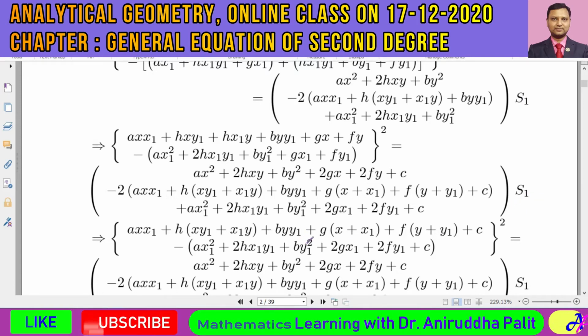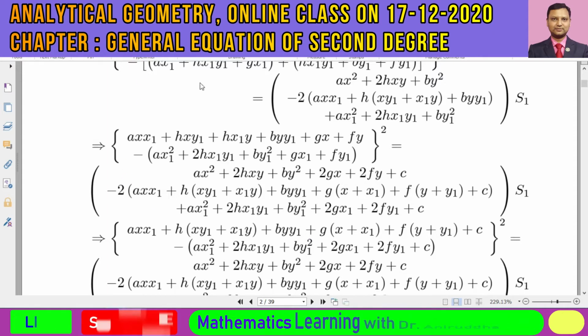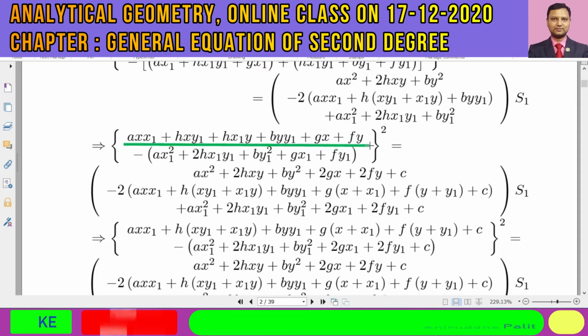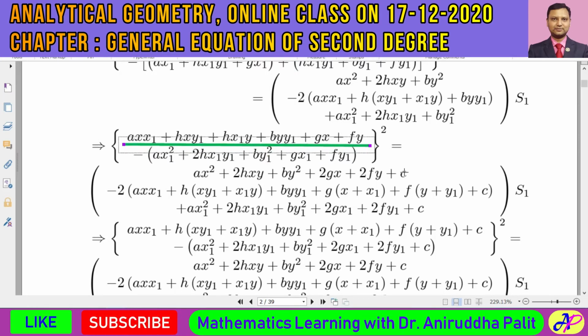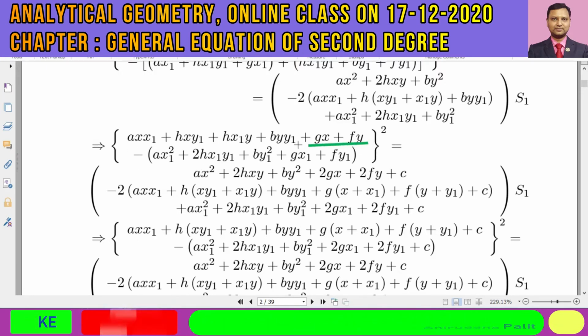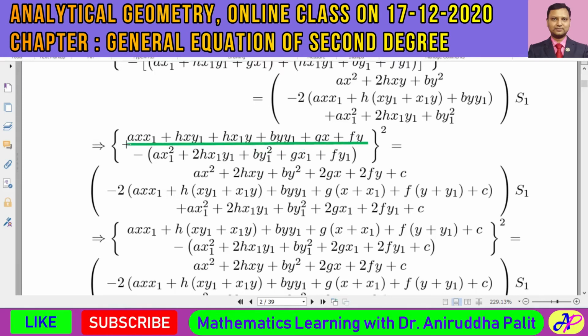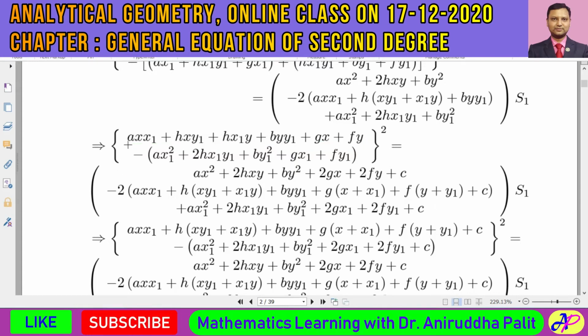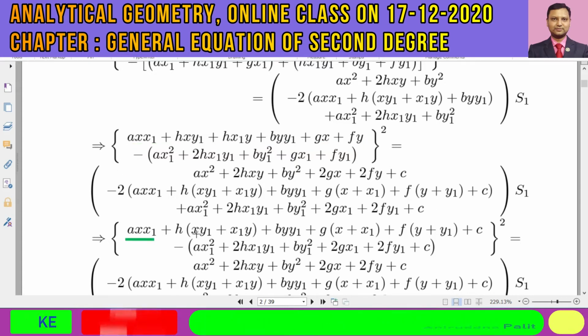Now if you look at the expressions very carefully, on the left hand side we have this kind of expression, but this is not exactly the same as the expression of capital T. Is it so? Let's check. We had a x x1, okay, fine.